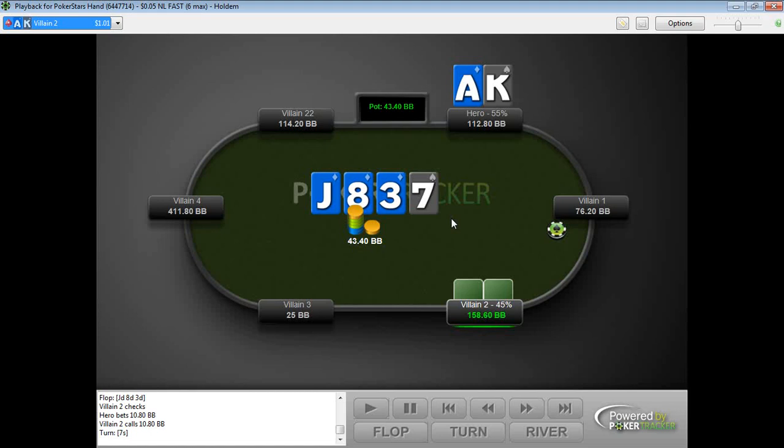So we're blocking the nut flush draw from him. We're blocking the nut flush from him. Could he have ace king? You could definitely have ace king with the king of diamonds. If he checks here, though, double barreling is the right play.